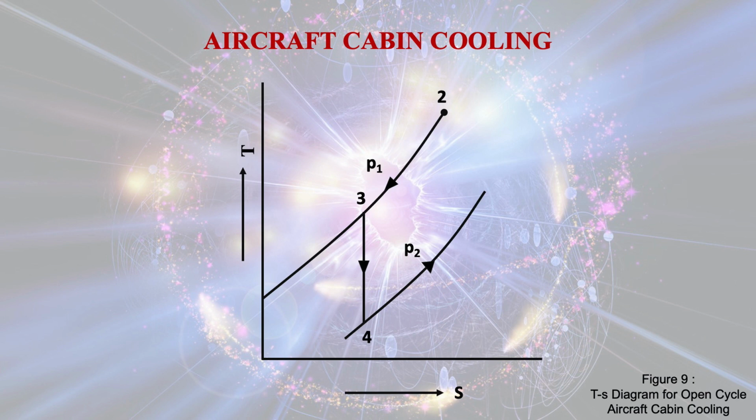So if the air passes through the expander, then from point 3 to 4 the expansion of air takes place inside the turbine or expander. Then at point 4 its pressure is P2 and the temperature is very low, and that air is being used for aircraft cabin cooling purposes. And this is the temperature entropy diagram for open cycle aircraft cabin cooling.